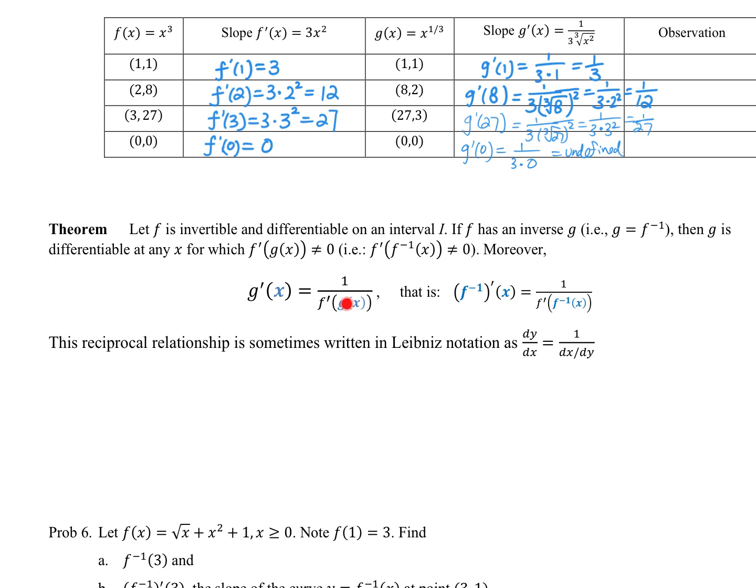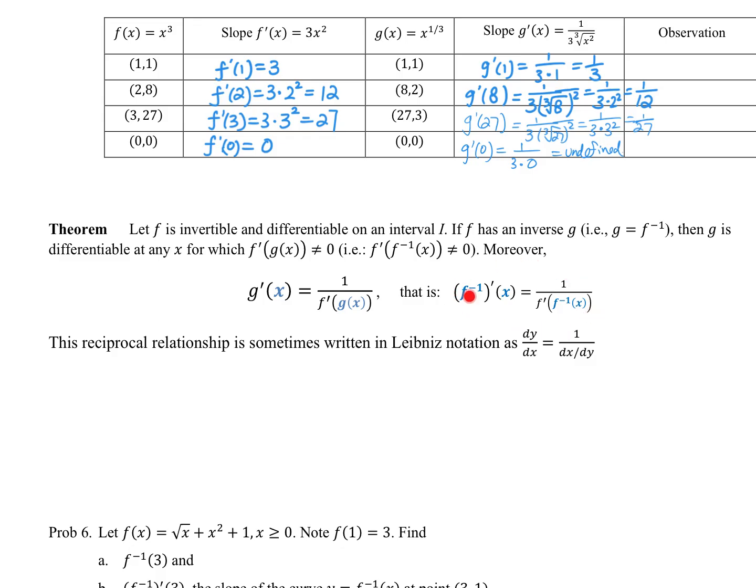So therefore, g of x, the y value of the inverse function, is actually the x value of the original function. So therefore, this is saying g prime of x is 1 over f prime of the value. This value should be equal to g of x. Now, this is something I would prefer to use.